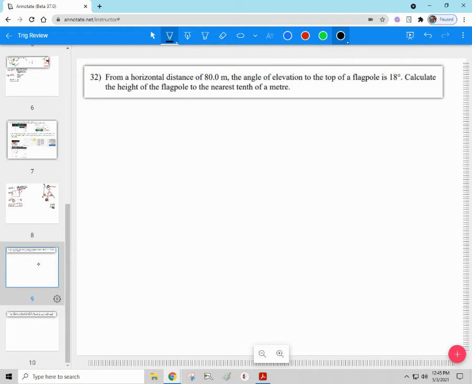I personally prefer to draw a diagram so that I can visualize the question. There is a flagpole. Okay. And from a horizontal distance of 80 units. So this is the horizontal distance of 80 units.